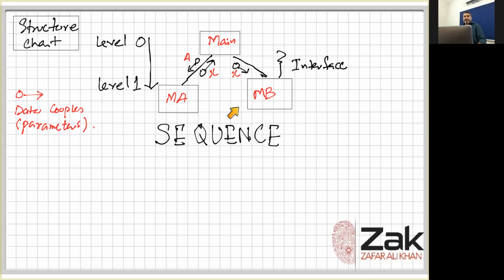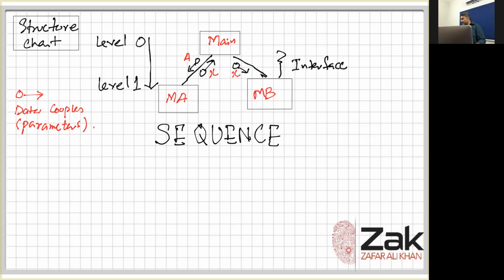This is level 0 modules or subroutines, and these are level 1 subroutines. And when the data is being transferred, it is being transferred with the help of parameters, and these parameters are shown using these shapes, which are data couples.